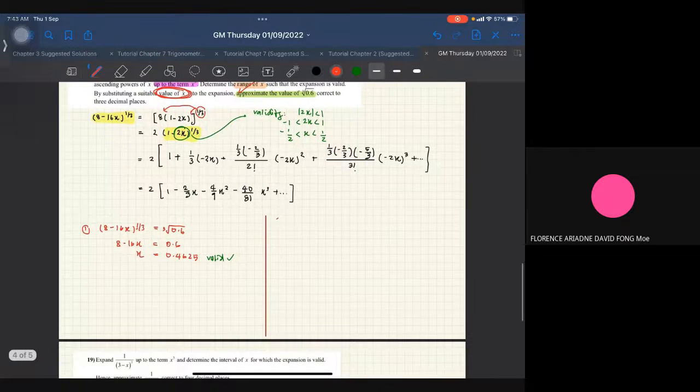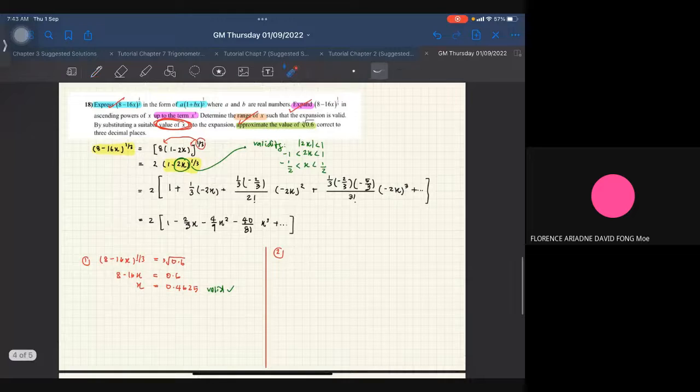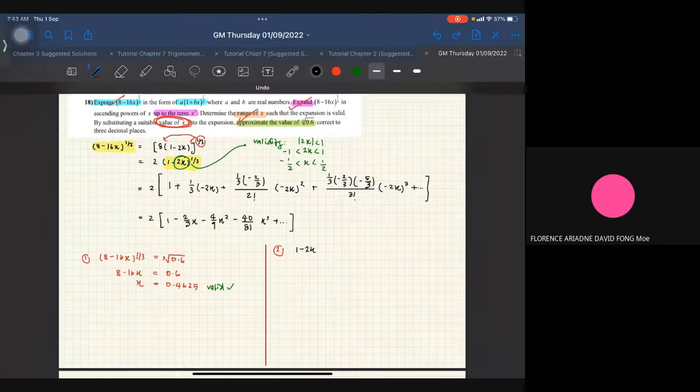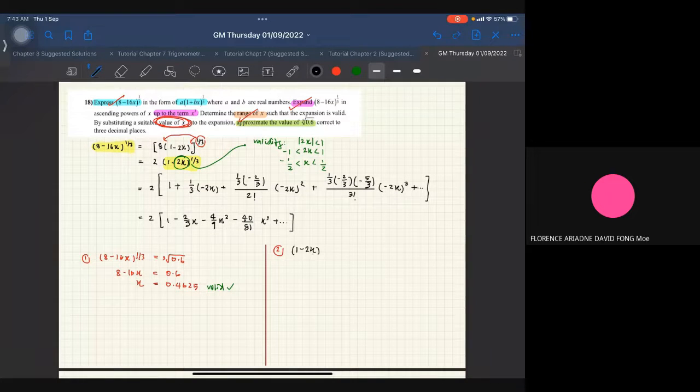So this one, okay, so tadi kan saya guna yang ini. So sekarang saya saja nak try, saya nak guna yang ni pula. Okay, so that one kita ada 1 tolak 2x, kuasa 1/3. Okay, so sama dengan 0.6 cube root.